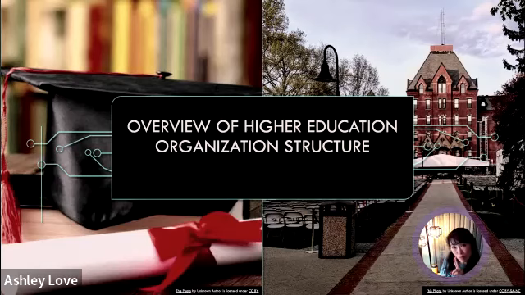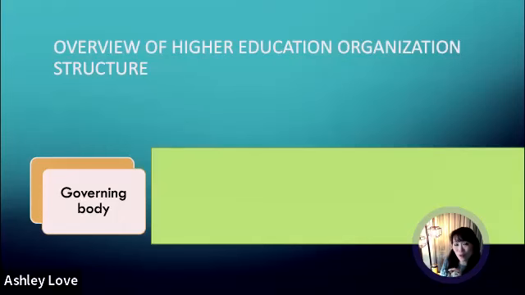In your groups, you are able to pair up and look at the org chart, or organization chart. A lot of times there are some common components or structures in higher education. So there's always a governing body. What does that mean? The governing body means that there are people who are making regulations and policies regarding the university.